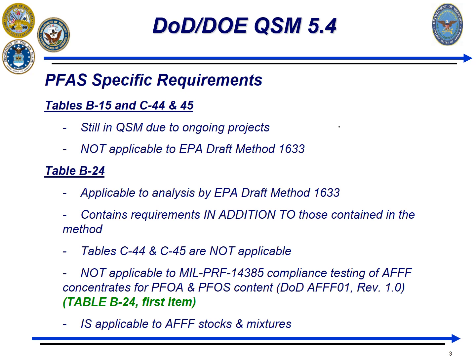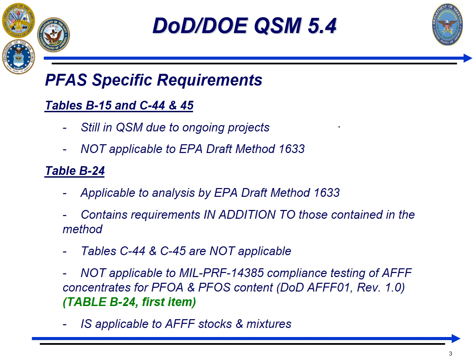QSM 5.4 contains a couple of tables that are applicable to PFAS. First are the old tables that were in version 5.3, tables B-15, C-44, and C-45. We needed to retain these tables because we have ongoing projects that require the requirements of these tables to be met.